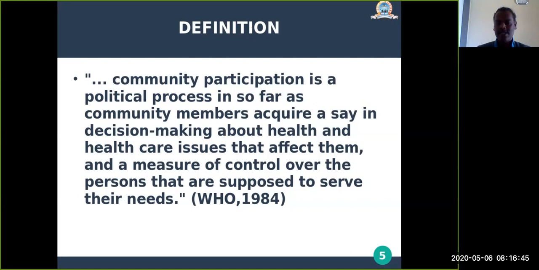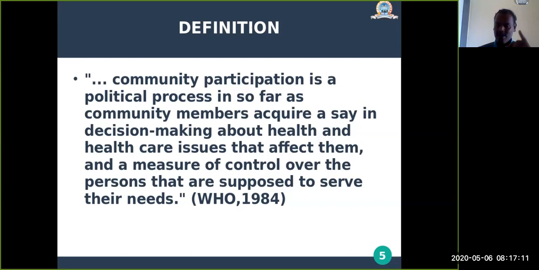Those who are participating in your program should have a say. They should have access. They should be able to contribute to the decision making process that affects them, and also they have a control over the process.